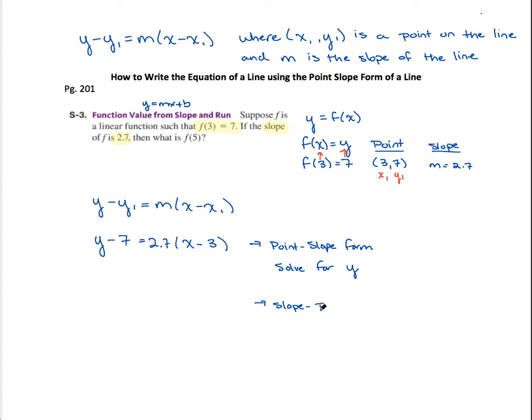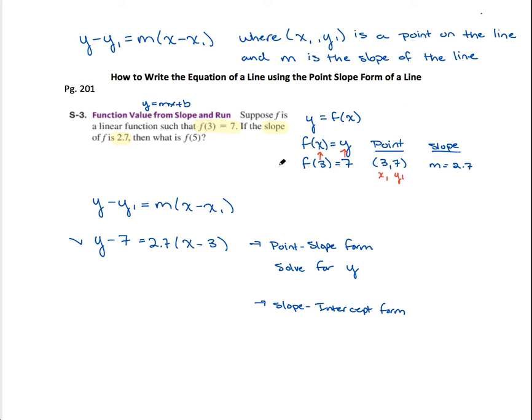Okay? So with that said, there's nothing wrong with leaving your answer like this. This will give you the equation of the line that goes through the point 3 comma 7 with a slope of 2.7. But it's much easier to recognize that line if we solve this equation for y and get it into the slope-intercept form.